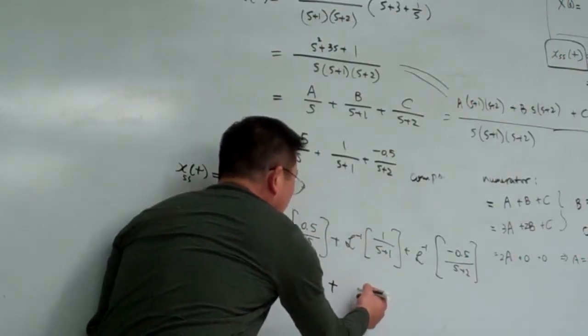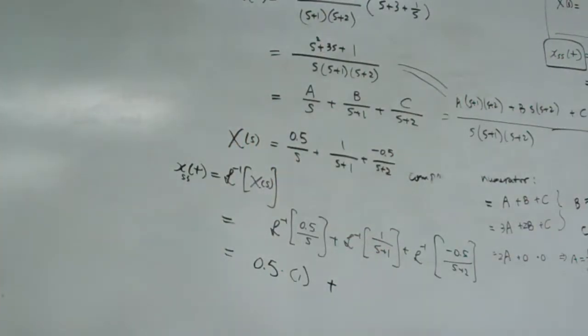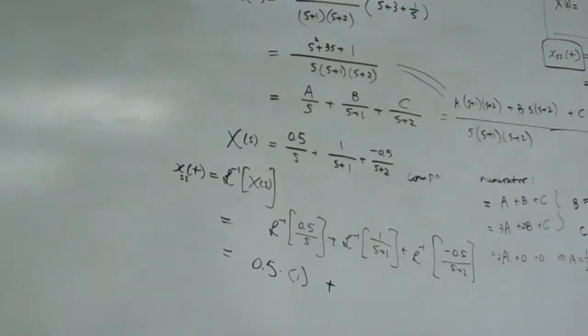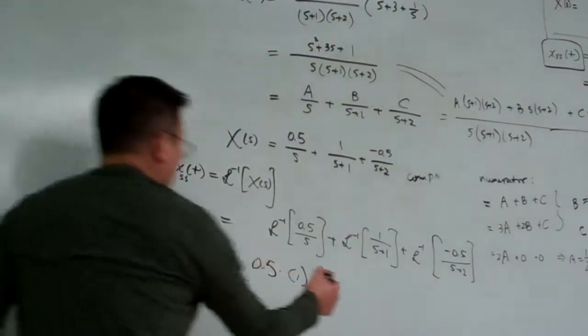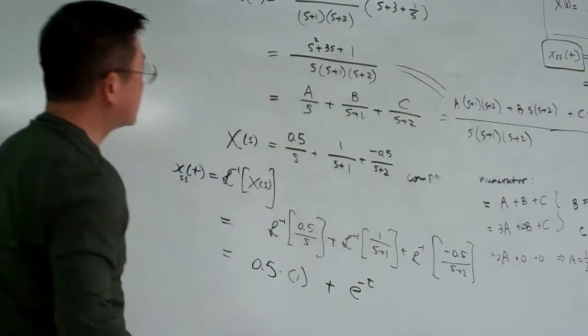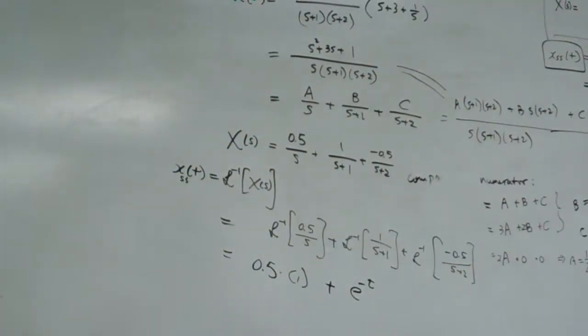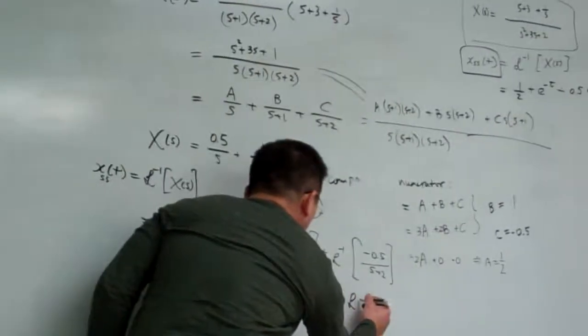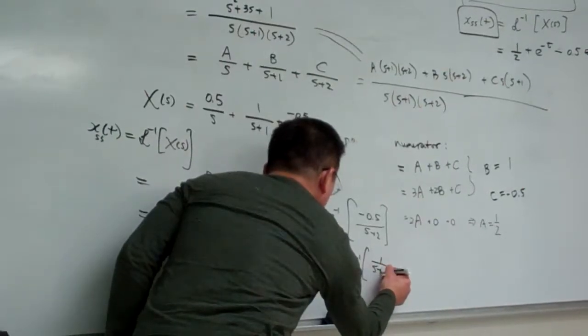Okay, now the second one is the Laplace inverse of 1 over S plus 1. Where is S plus 1? This one. This pattern, when a equals minus 1, that is our example there. So the corresponding is e to the a t, a equal to minus 1, so e to the minus t. Good? And the last one is minus 0.5 over S plus 2.